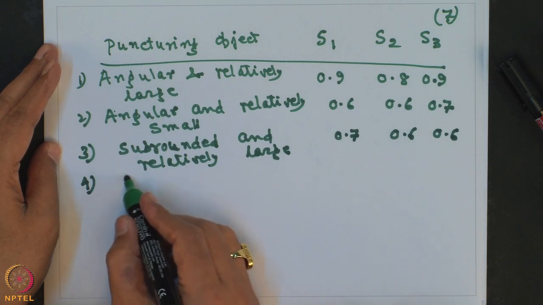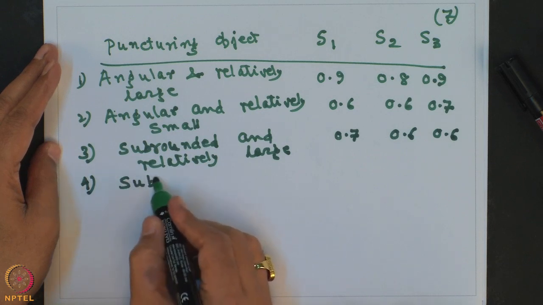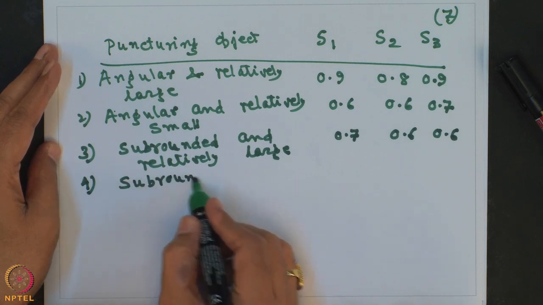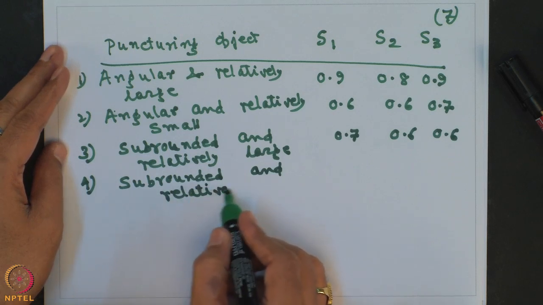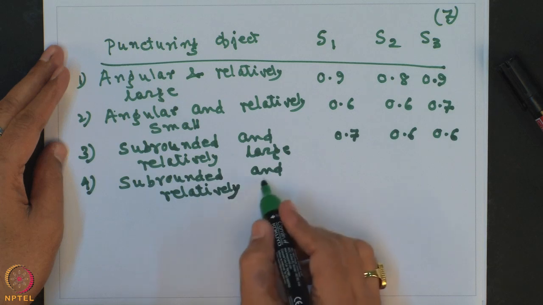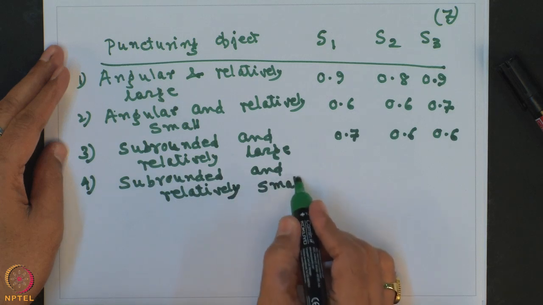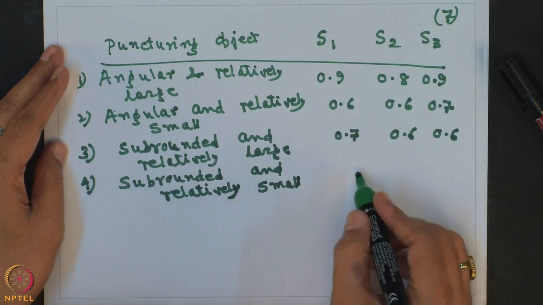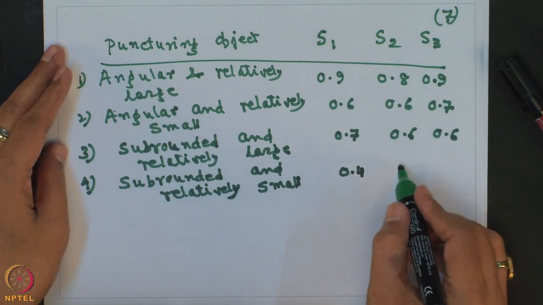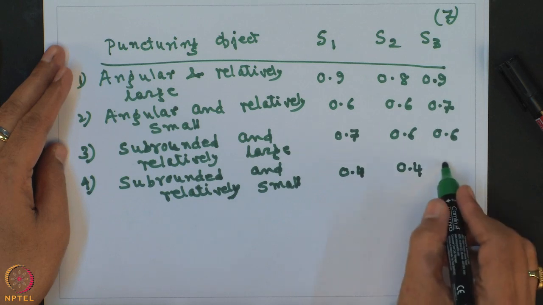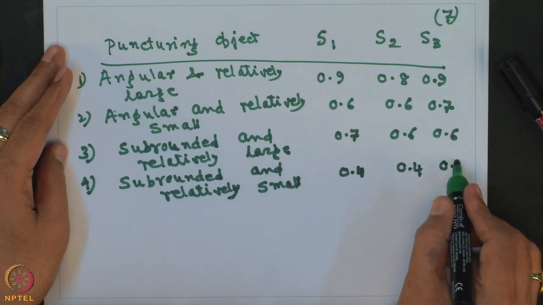If it is sub-rounded and relatively small, then S1 value is 0.4, S2 value is 0.4, S3 value is 0.5.